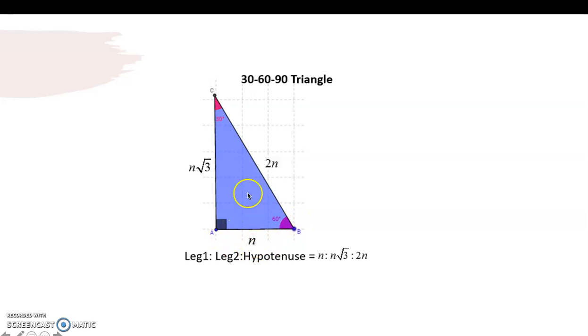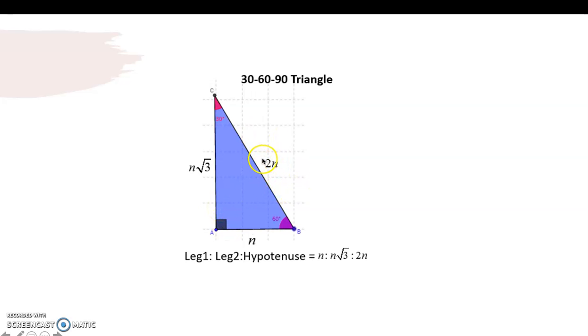Okay, so across from the right angle is our hypotenuse. Let's remember our hypotenuse is the longest side on a triangle. In this case, for right triangles, it is across from the right angle.